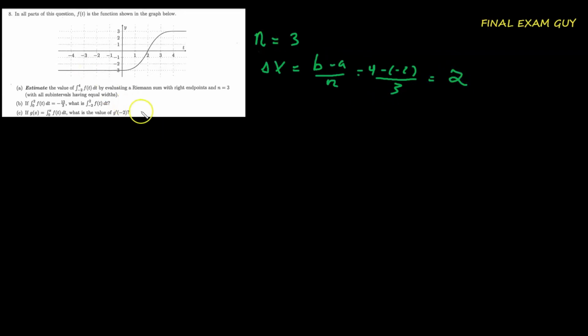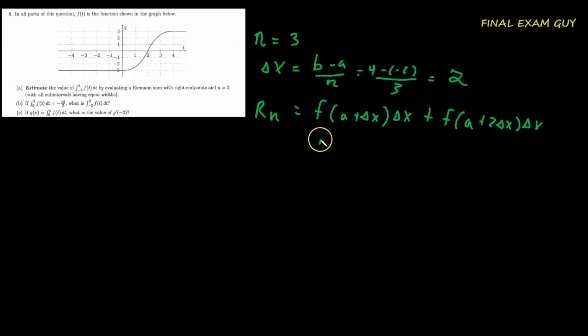So that's our delta x. The Riemann sum with right endpoints is equal to f of a plus delta x, times delta x, plus f of a plus 2 delta x, and plus finally f of a plus 3 delta x, plus, and so on.